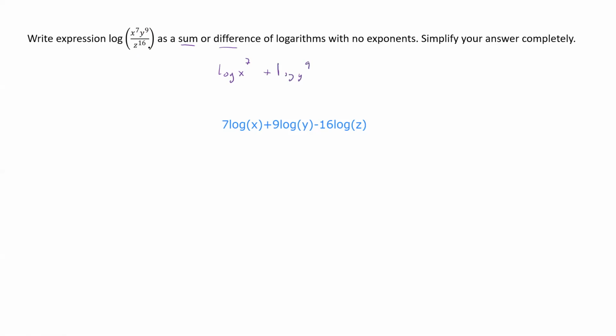And then when you have a division, that's going to become subtraction, so that's going to be the log of z to the 16th. Then because of the power rules of logs, we can bring those powers down. So we get 7 times log of x, 9 times log of y, and the 16, after we still subtracted, times the log of z. Okay, any questions on that one?